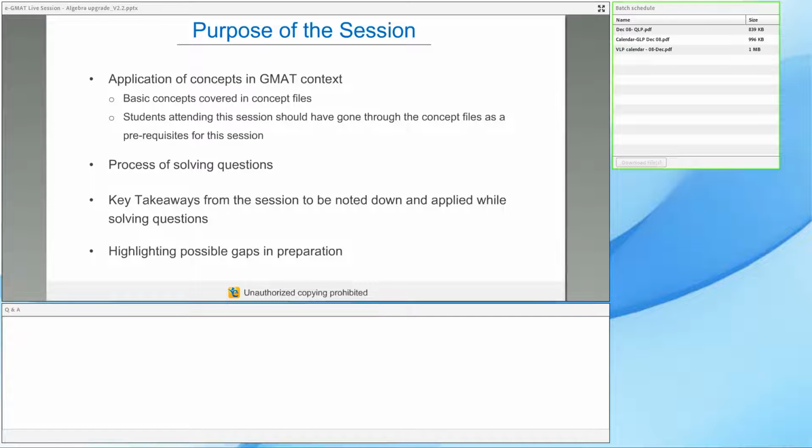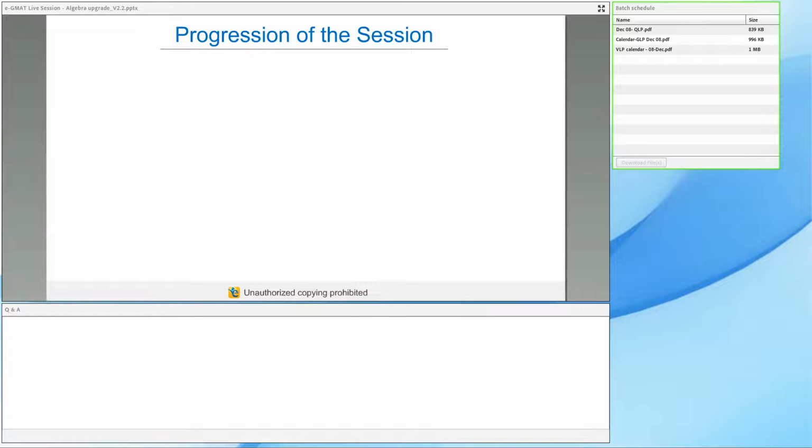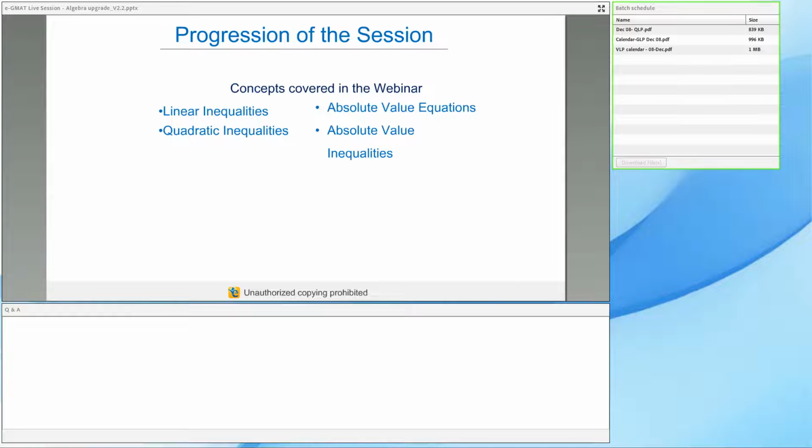As far as the progression of the session is concerned, we are going to cover the following topics: linear inequalities, quadratic inequalities, absolute value equations, and absolute value inequalities. We are going to start off with 6 PS questions. These are very basic, easy questions, which is why they are known as warm-up questions.